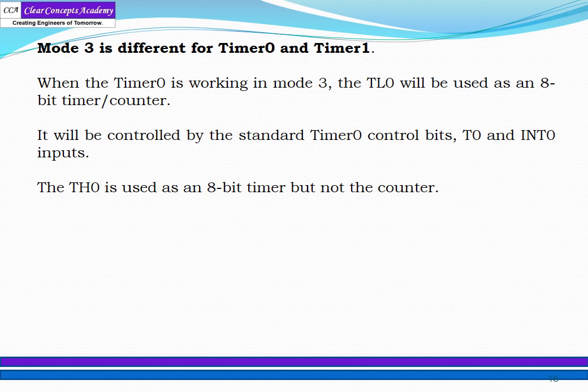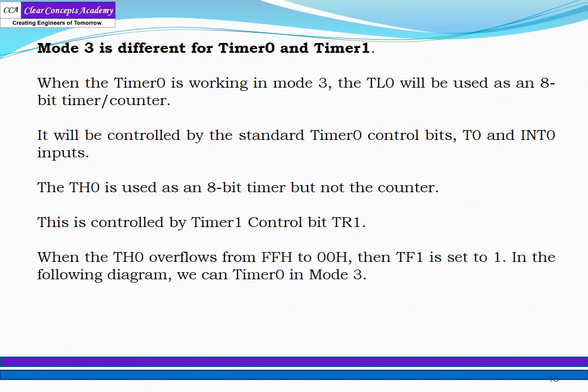TH0, the high byte of timer 0, is used as an 8-bit timer but not a counter. It is controlled by the timer 1 control bit TR1. When TH0 overflows from FF to 00, the timer 1 overflow flag will be set.